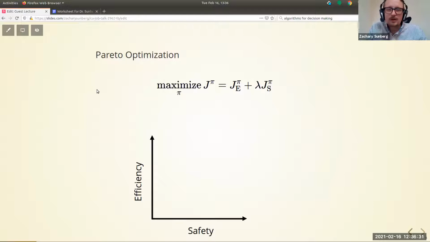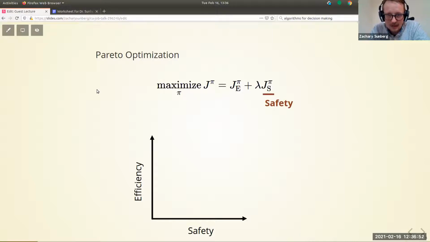One way of analyzing or dealing with this trade-off is through Pareto optimization. In Pareto optimization, you have 2 goals, in this case, safety on the x-axis of this graph and efficiency on the y-axis. And you have some kind of objective J that you're trying to maximize.